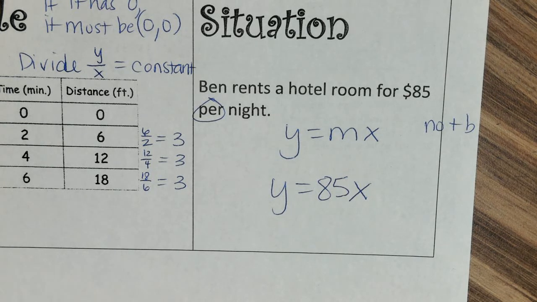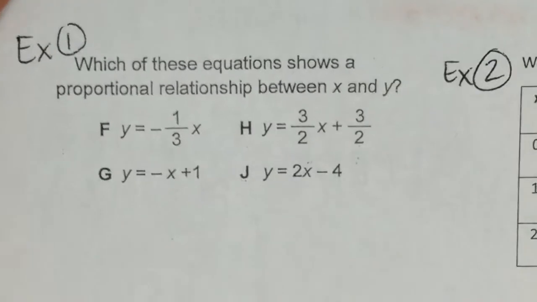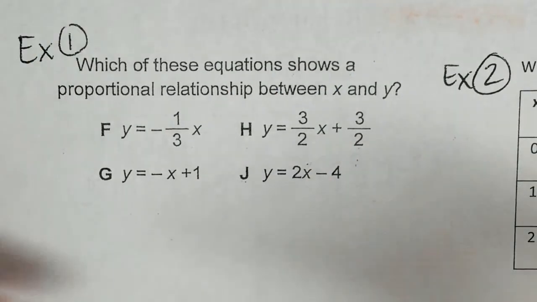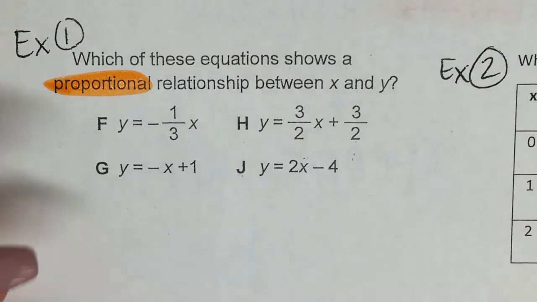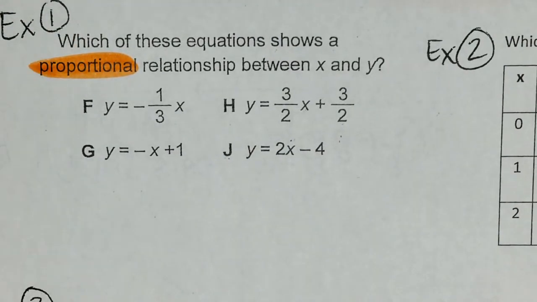So let's turn to the back and do some examples of how these look on your assignment. Everybody turn to the back. The first question says, which of these equations shows a proportional relationship? Well, what did we learn? To be proportional, it cannot have a plus b.